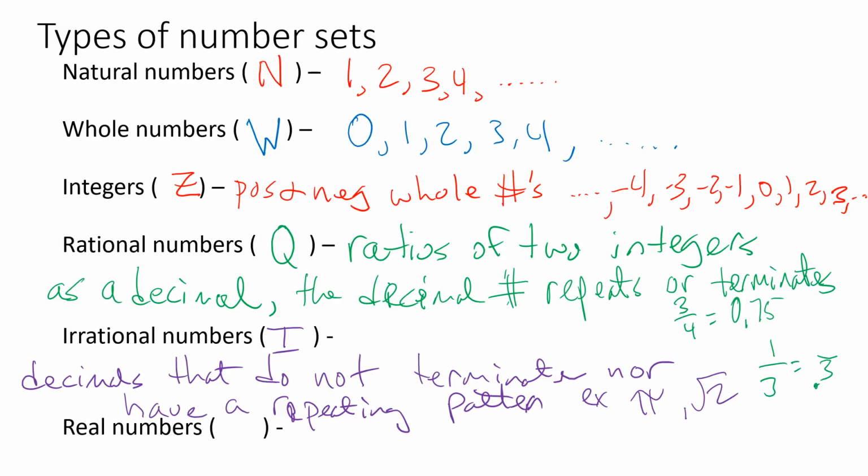And then finally, all those numbers put together, irrational numbers and rational numbers, make up real numbers. And we use a capital R for real numbers. Basically, real numbers are all rational and irrational numbers.